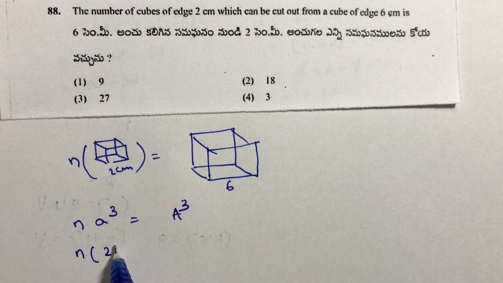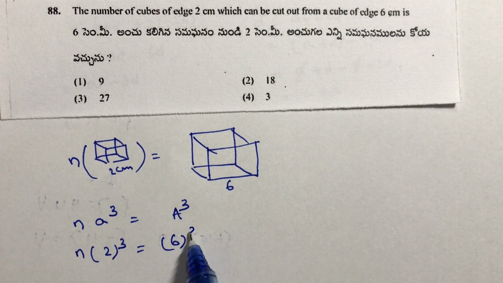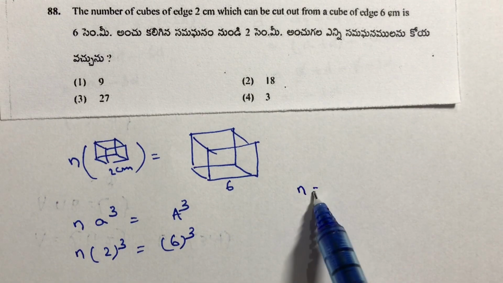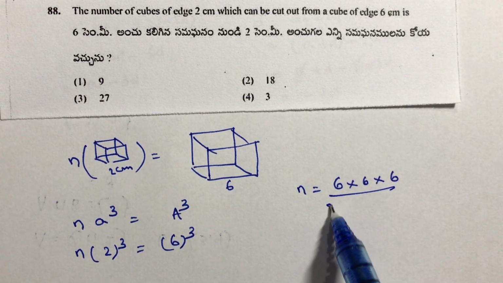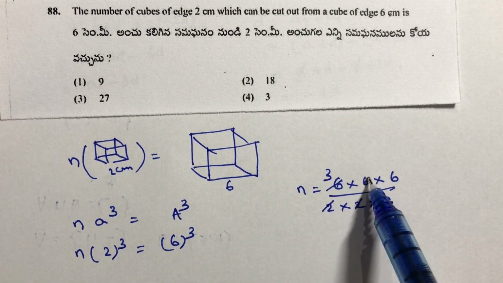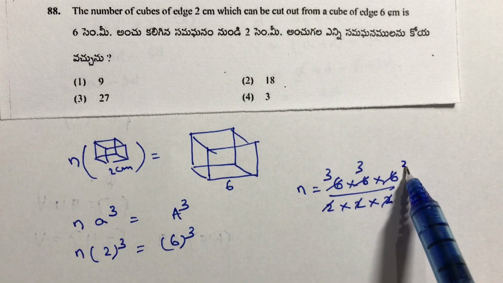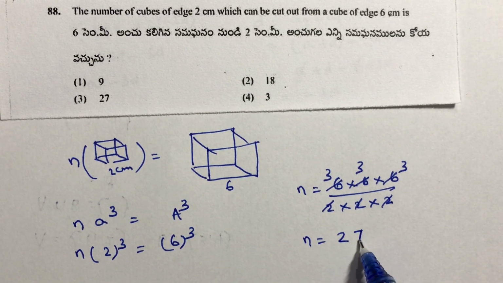So n into 2 cube equals 6 cube. So n equals 6 into 6 into 6 by 2 into 2 into 2. 2 times 1, 2 times 3, 2 times 1, 2 times 3, 2 times 3. So n equals 3 times 3 is 9, 9 times 3 is 27.